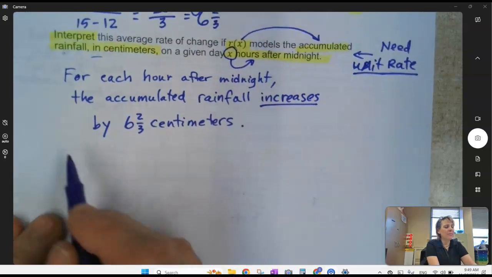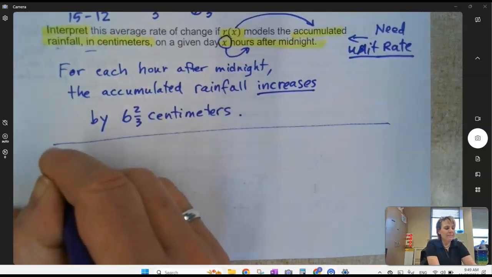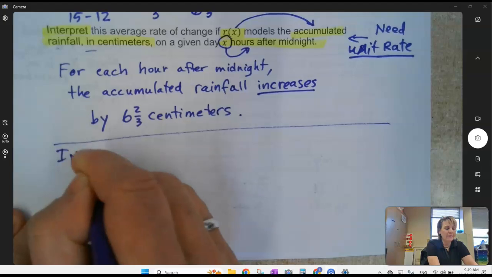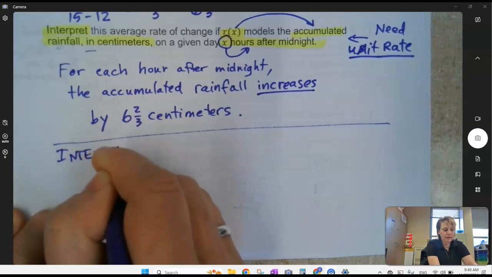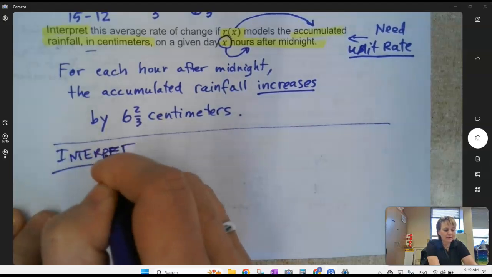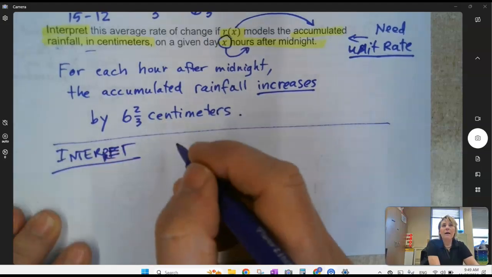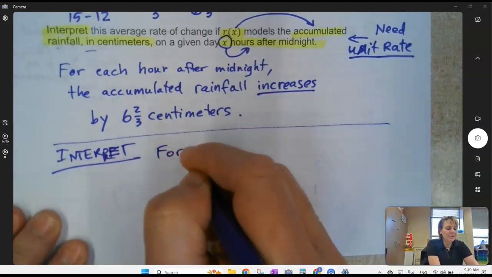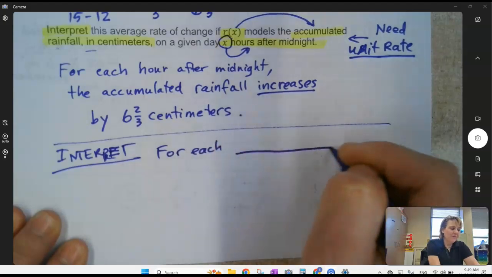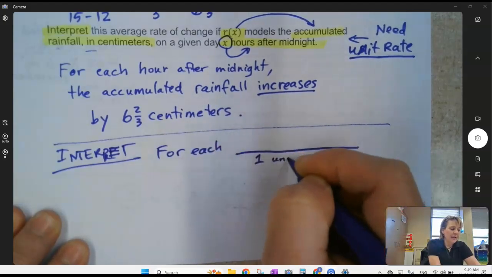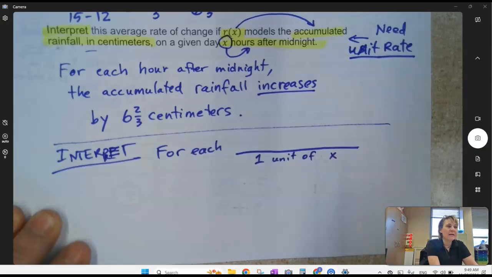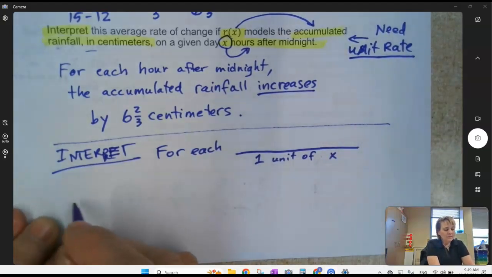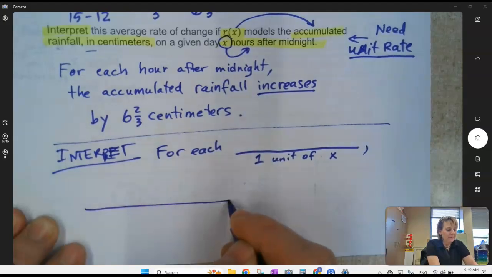I just want to write in the bottom a generic for interpreting. Interpret: for each, and then you're going to fill in 1 unit of x, whatever it is. You're going to describe it.